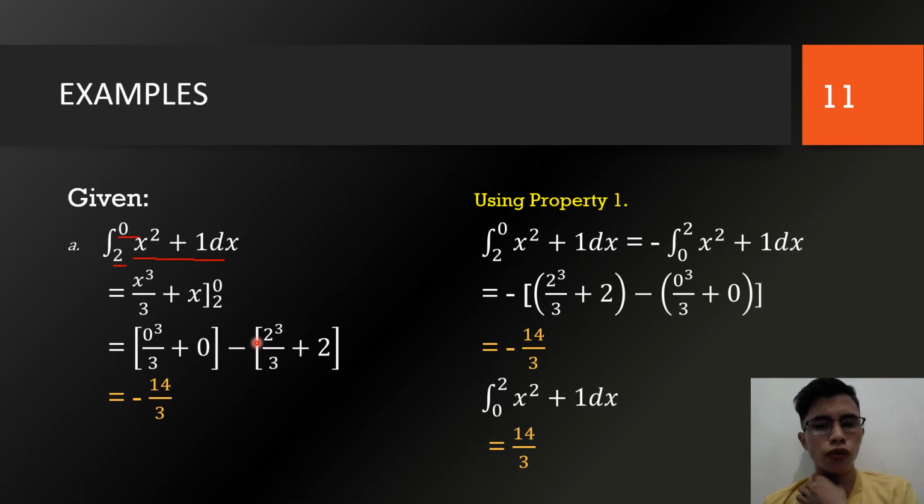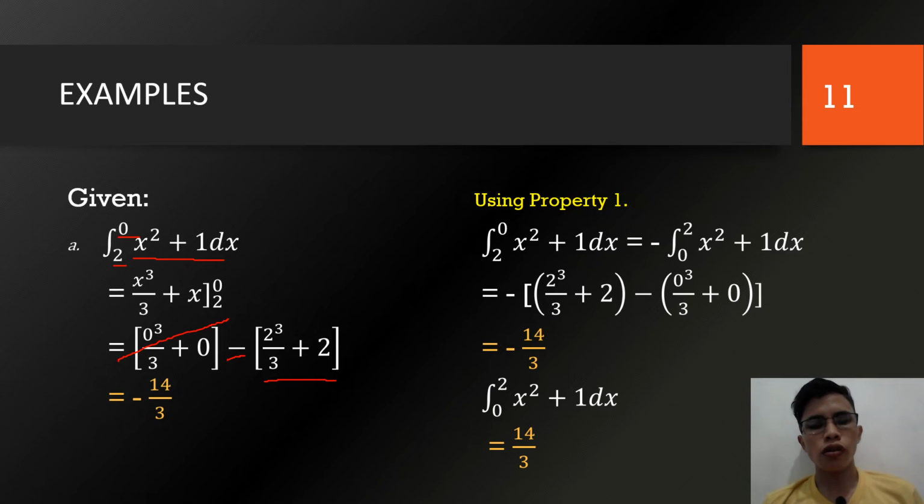So therefore we have 2 raised to 3 all over 3 plus 2. And if we're going to simplify this one, the result will be negative 14 all over 3. Kasi ito magiging 0 na to. So this will equal to 0. Cancel na siya, kaya negative na yung natira. And this will equal to 14 all over 3.